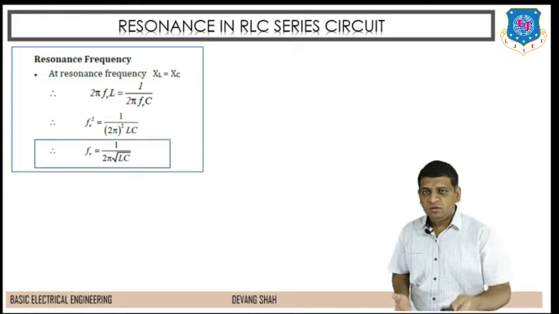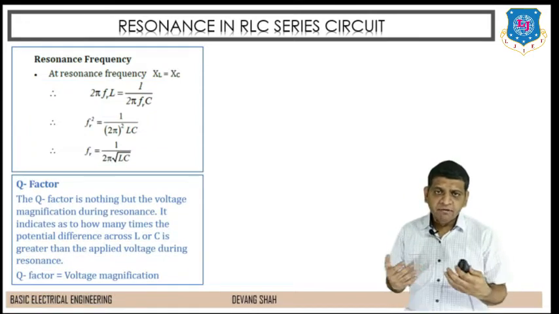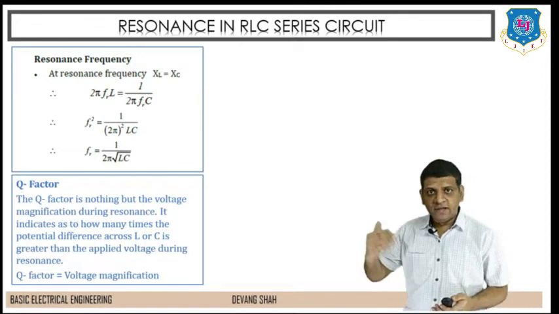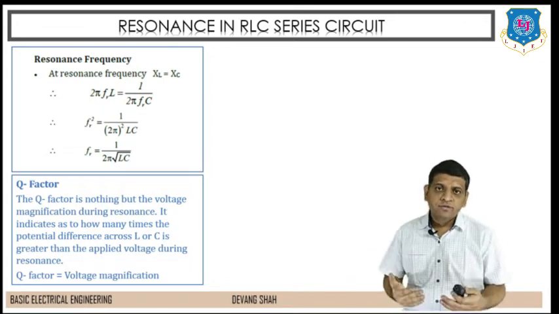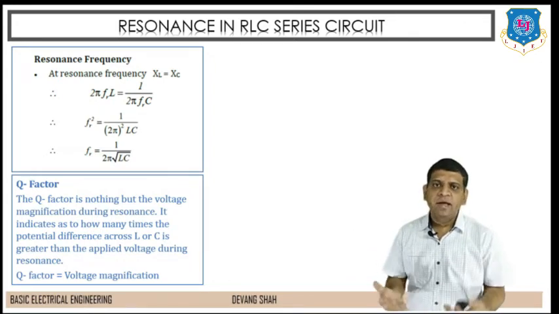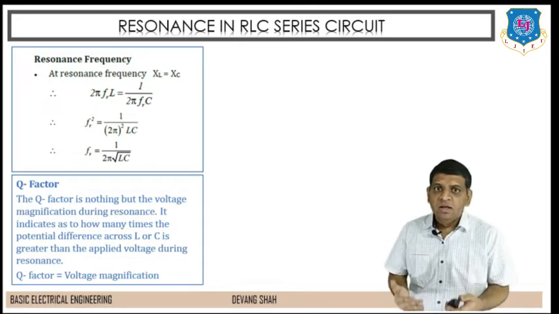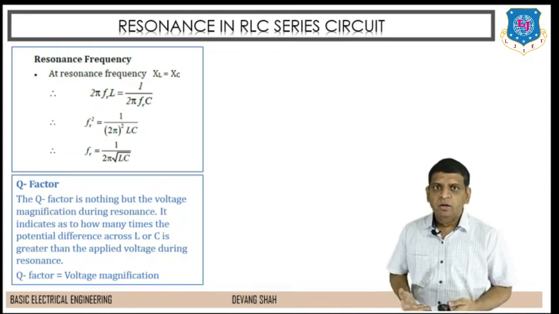So you can check here all the terminology where I can find my next judging parameter as the quality factor, right? At that particular resonant frequency, if I check the quality factor of the circuit, how can I find it? Here the quality factor or Q factor is nothing but the voltage magnification during the resonance.